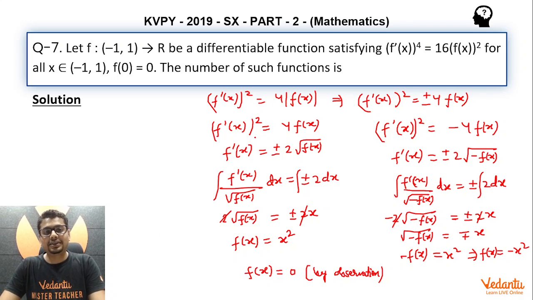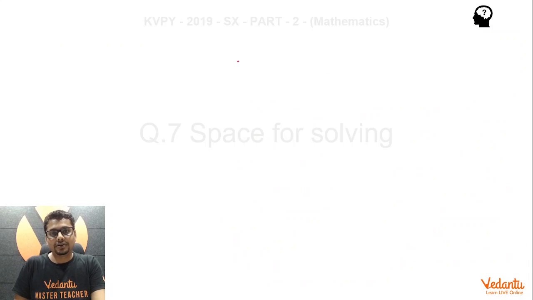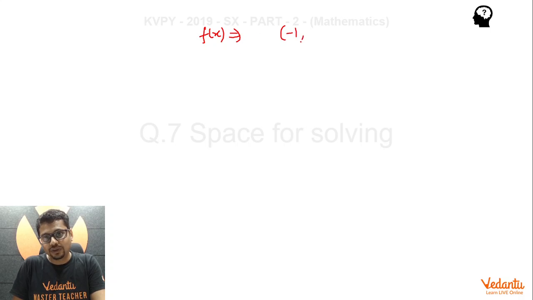Here, try to understand f of 0 is 0. And 0 is not an endpoint, which I had mentioned in the beginning of this video solution. 0 lies inside this interval, minus 1 open to 1 open. So because of this, I can say f of x can be defined separately between minus 1 open to 0 open, and 0 close to 1 open.